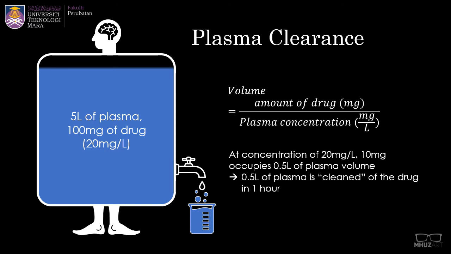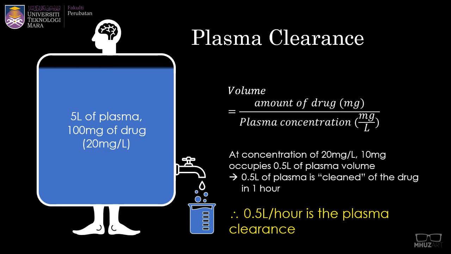in the 1 hour that it takes to eliminate 10 milligrams of drug from the body, a hypothetical 500 mils or 0.5 liter of plasma is actually cleared of drug in 1 hour. So that is what is contained in the beaker here, about 0.5 liters of plasma.